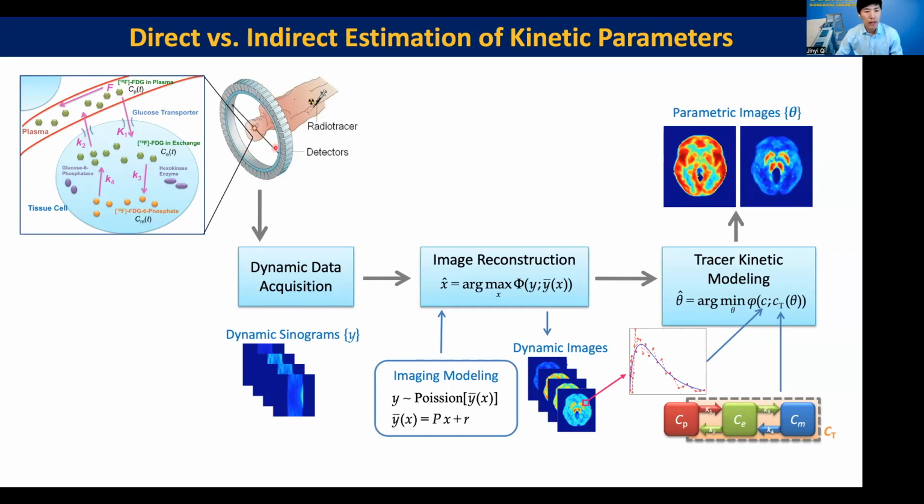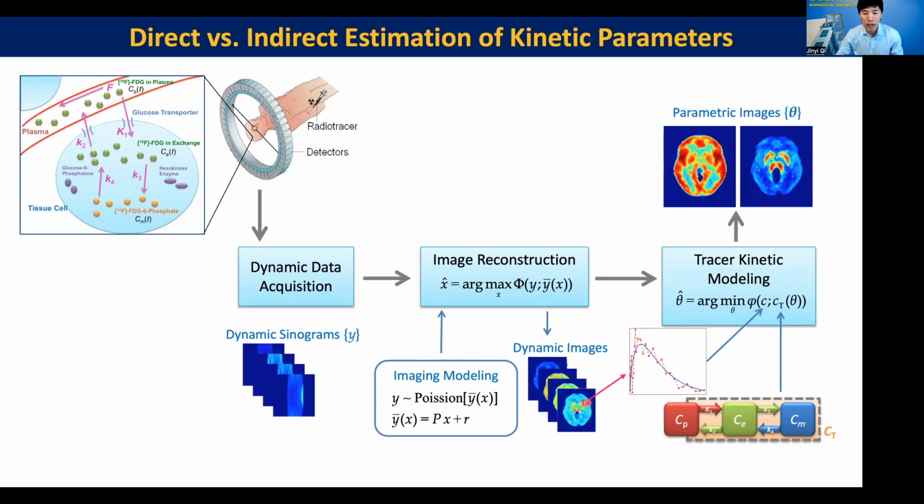The PET scanner detects those 511 keV photons generated by positron annihilation, and those events are either sorted into dynamic sinograms or kept in list mode data. Those data can be reconstructed based on an image model according to the Poisson distribution of the data, to generate a series of images that depict the tracer activity distribution over time in the human body.